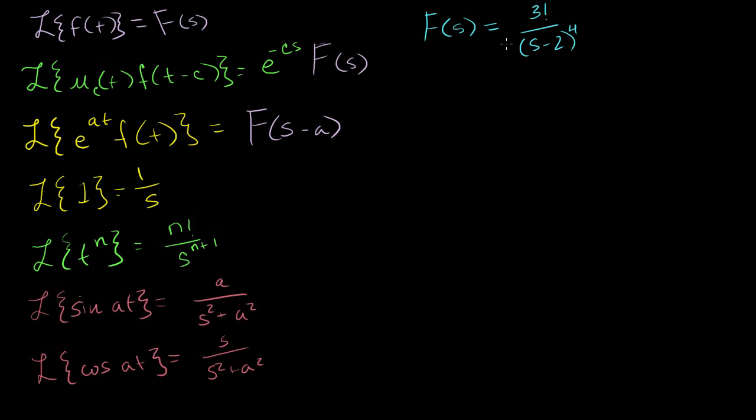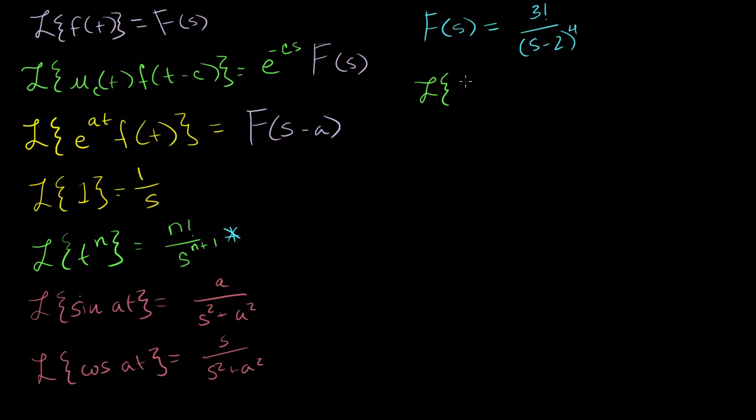Now, the pattern recognition part of your brain should immediately say, look, I have a Laplace transform of something that has a factorial in it, and it's over an exponent. This must be something related to this thing right here, right? If I just had the Laplace transform of, you see a 3 factorial and a 4th power, so it looks like n is equal to 3.